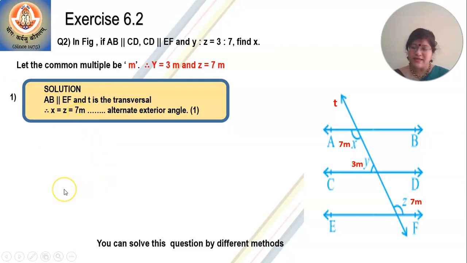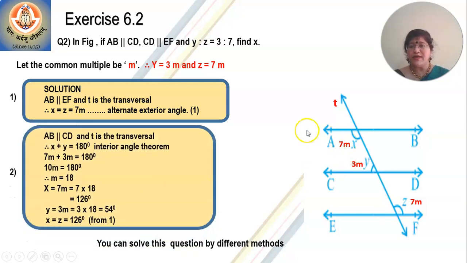Now, next step. Take the other parallel lines in this. You know that AB is also parallel to CD and T is the transversal. So what kind of angle does X and Y become? They are interior angles.